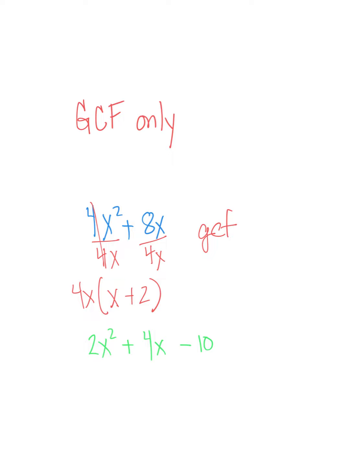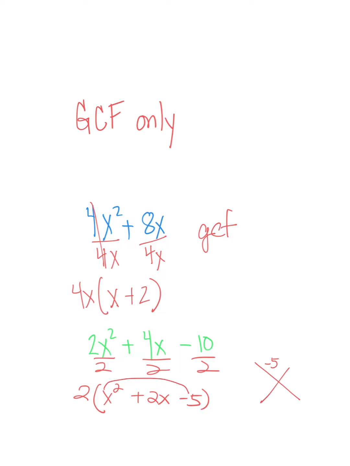If I look at my next problem here in green, it is a trinomial. And remember that I can have a GCF of a number, a constant, or a variable, or a combination of both. In this particular problem, I'm going to have a GCF of 2. Always my GCF on the outside of the parentheses. Now, this may very well be my answer after I've divided out a 2 out of each term, but I have to check. This is a trinomial, and so I'm going to take and multiply the a term times the c term.